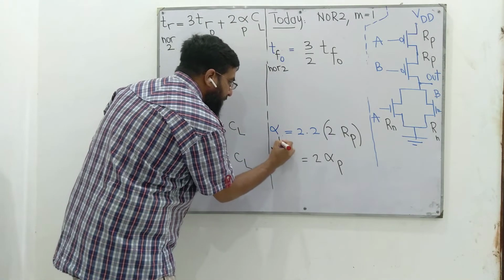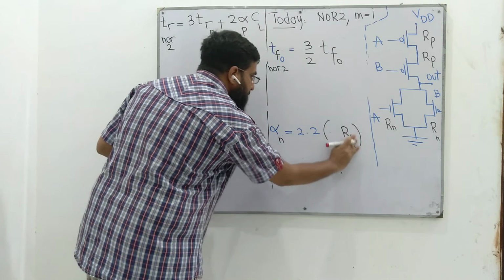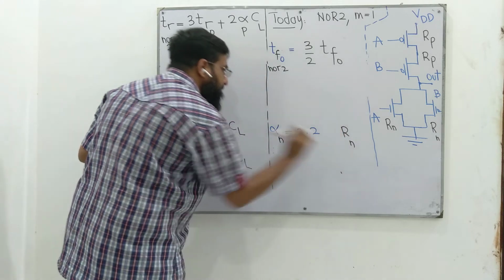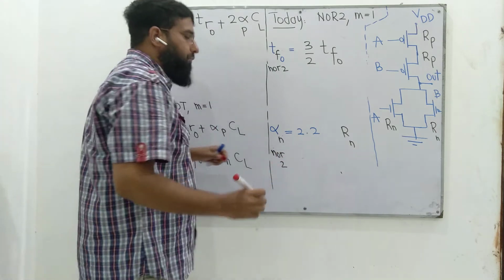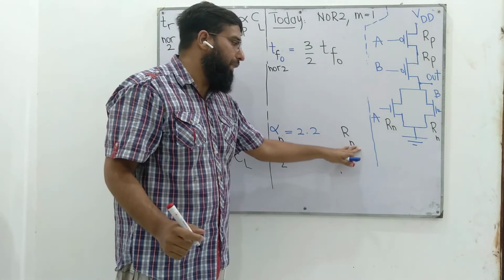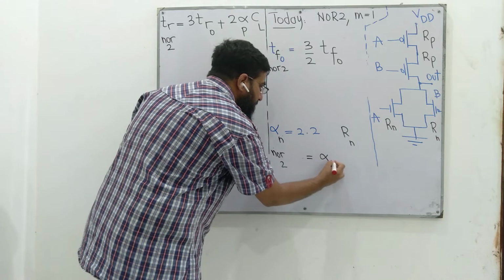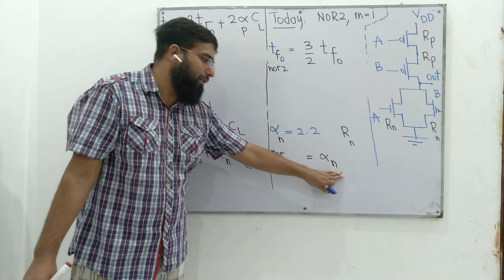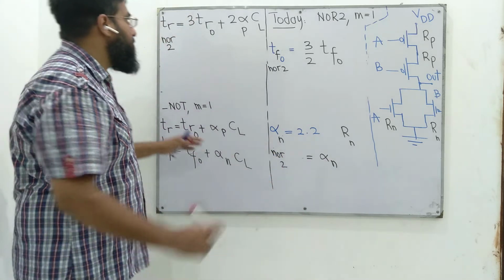What is alpha N? Alpha N for the standard node is 2.2 times Rn. Alpha N for NOR2 in the worst case, only one of them is on, only one of them comes in the path, so the expression remains the same, luckily. So alpha N for NOR2 in the worst case is the same as alpha N for the standard node with M equal to 1.